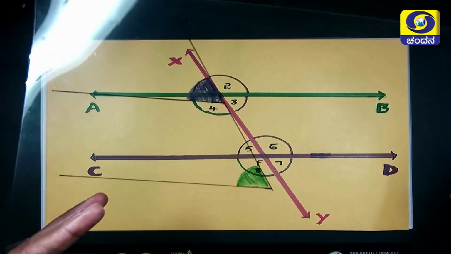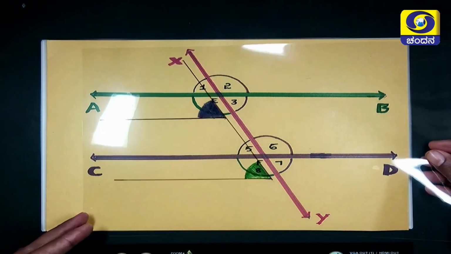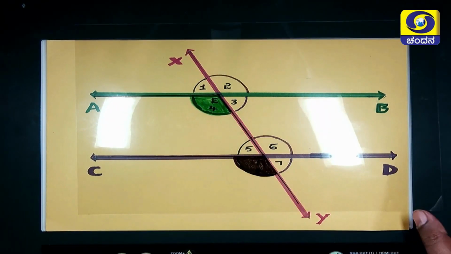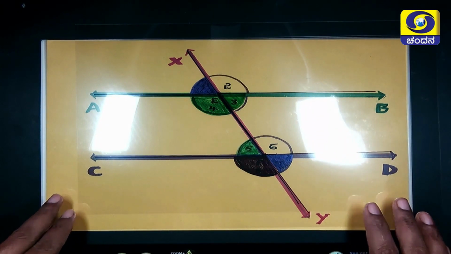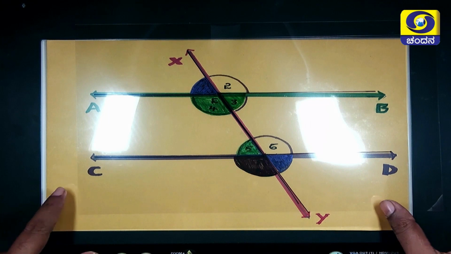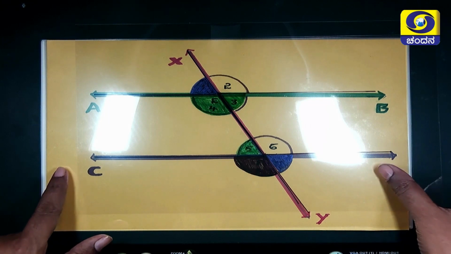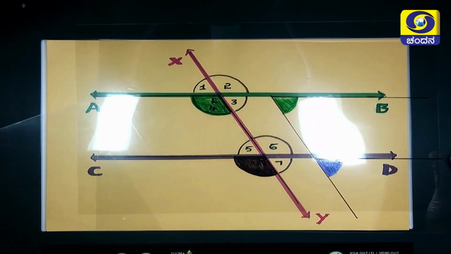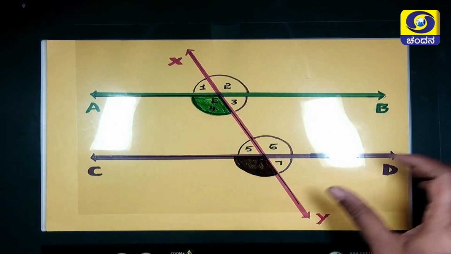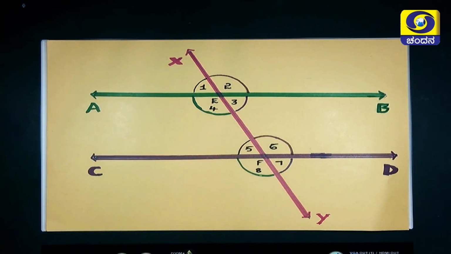If you reverse it, we get one more pair of angles, that is 4 and 8. Like this, we have one more pair of angles. Totally, we have 4 pairs of F angles. F angles are known as corresponding angles.